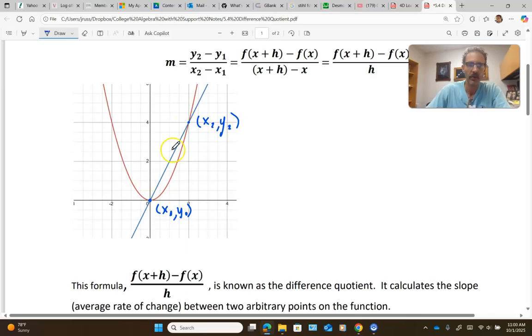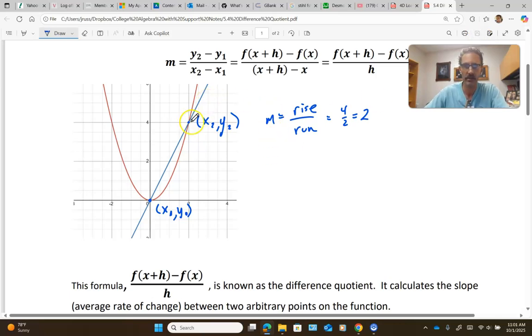The slope is rise over run, or in other words, the vertical change between these 2 points over the horizontal change. To go from this point to this point, we're rising 4 and we're running 2. So the slope is essentially 4 over 2, or in other words, 2. So the slope of this line that goes through those 2 points is 2.